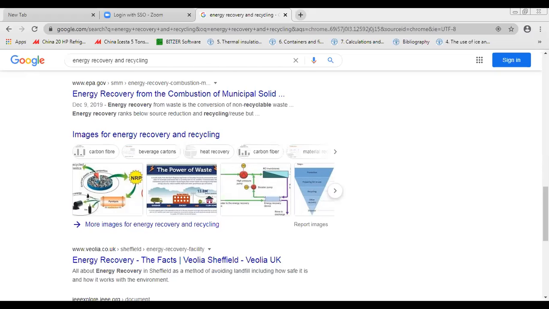Schematic means it is not perfect. You have to do analysis as well.